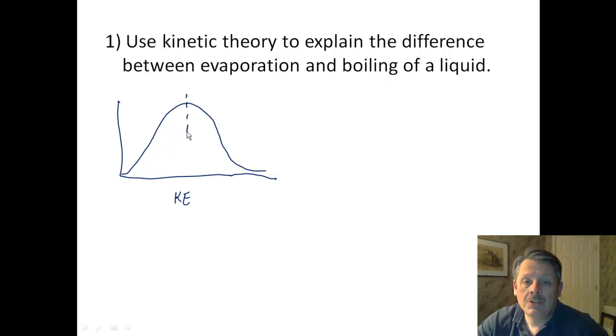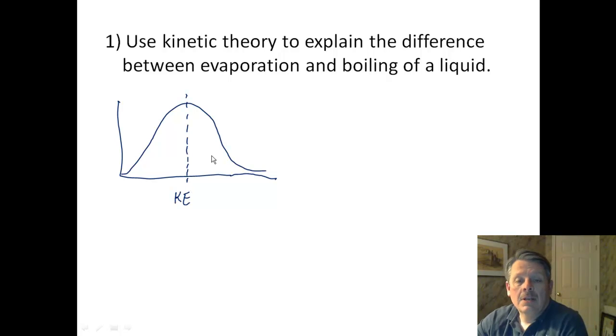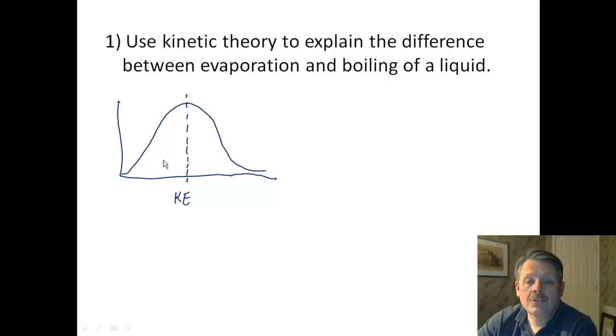The average kinetic energy gives you the temperature of the molecules. But what that tells you is some of the molecules are moving faster than this and some are moving slower. If you get some that are moving way fast, way over here, for whatever reason they have a huge amount of energy, and they can actually leave the surface of the liquid.